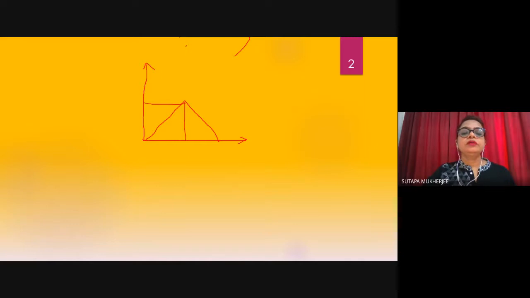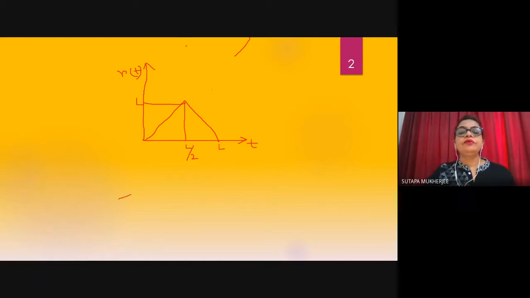Okay. So this is L by 2 and this is L. So what I want to say, this is L, this is T, and this is represented by RT. Now it is better compared to the previous one.